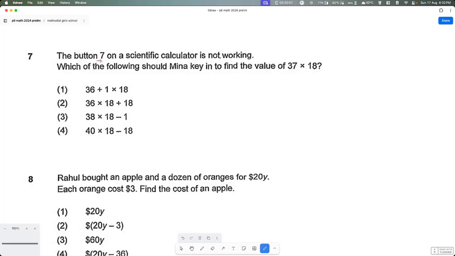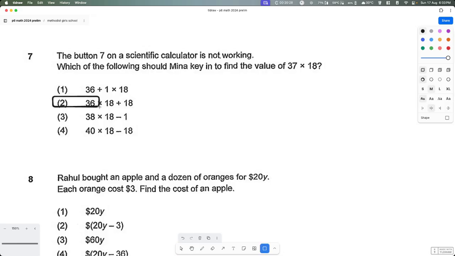The button 7 on the scientific calculator is not working. Which of the following should Mina key in to find the value of 37 times 18? So we see over here, what we can do is use 36 times 18 plus 18. Okay, so this is option number 2, right?